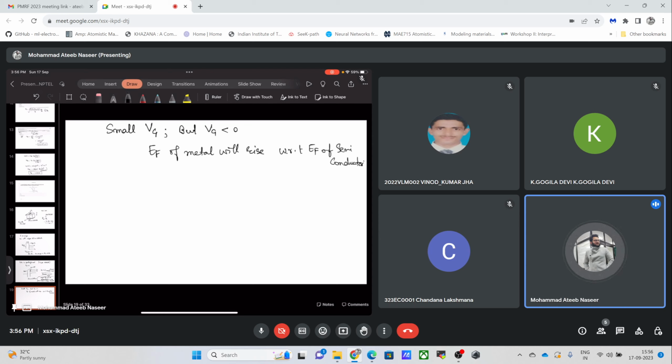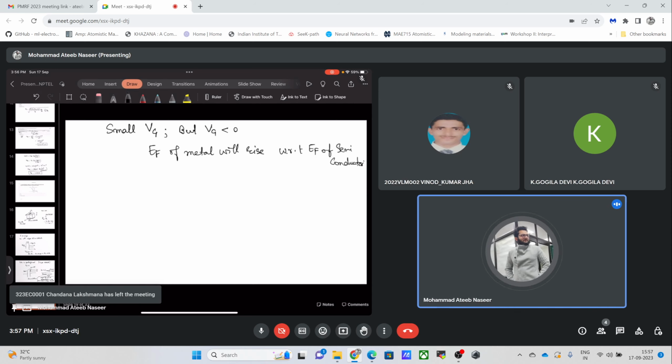Now it means that this small increment in the Vg would result in a slope of the energy band diagrams in both the insulator and the semiconductor.